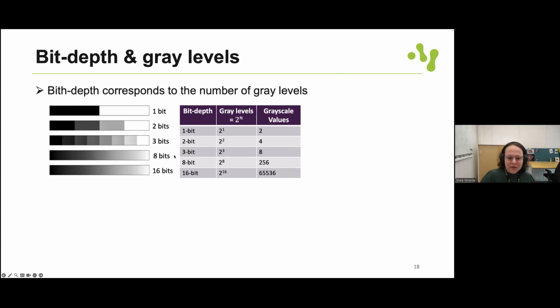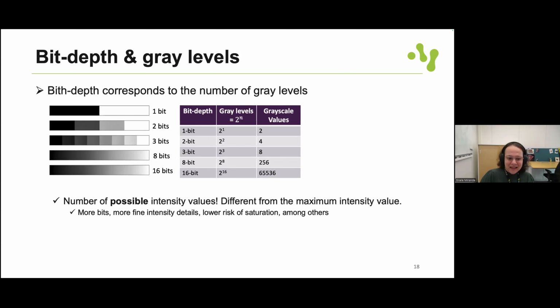8-bit images are very common as well. But in microscopy we usually acquire images at 12 or 16 bits. The number of gray levels here is the number of possible intensity values.